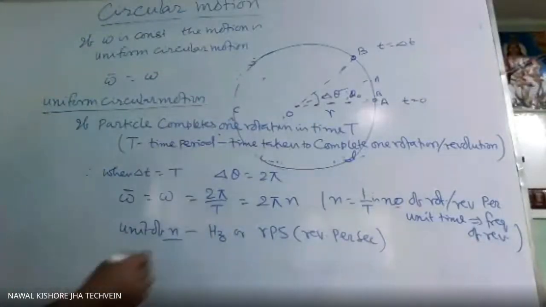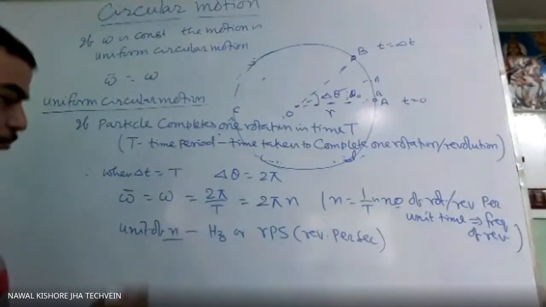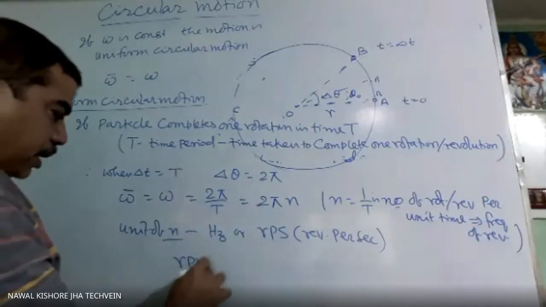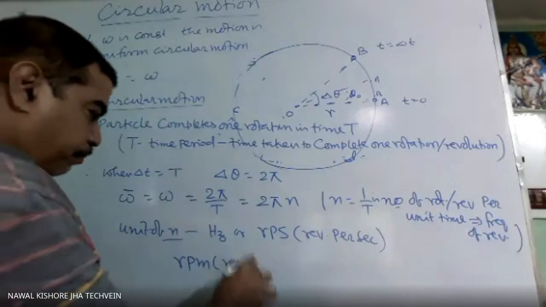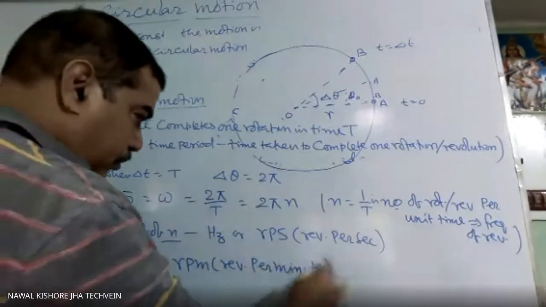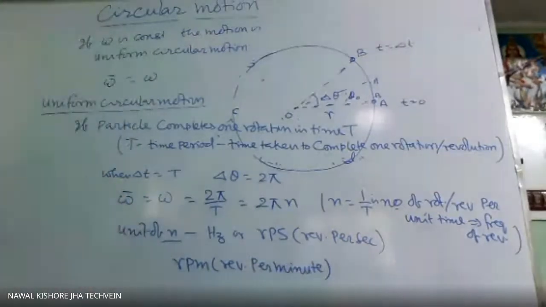Sometimes it will be RPM, that is revolution per minute. What is the relation between these two?